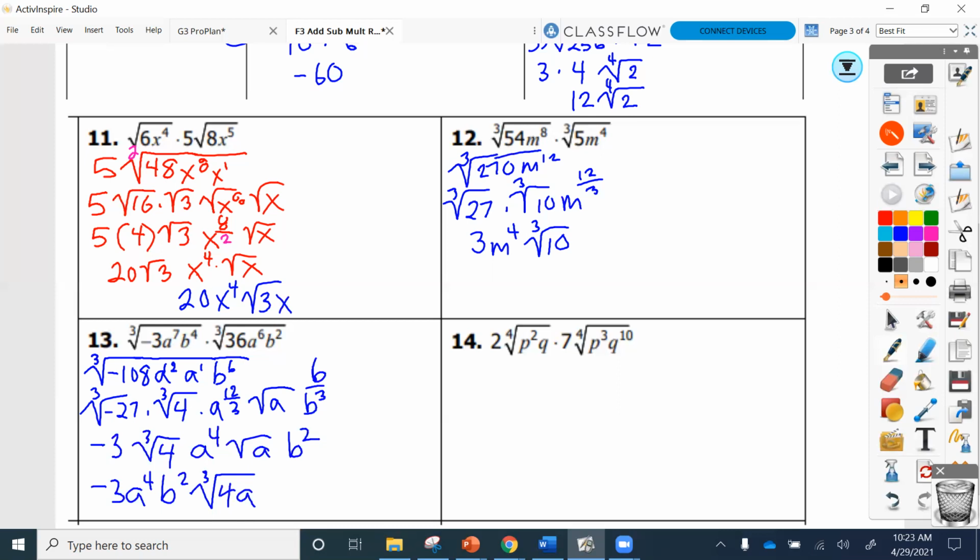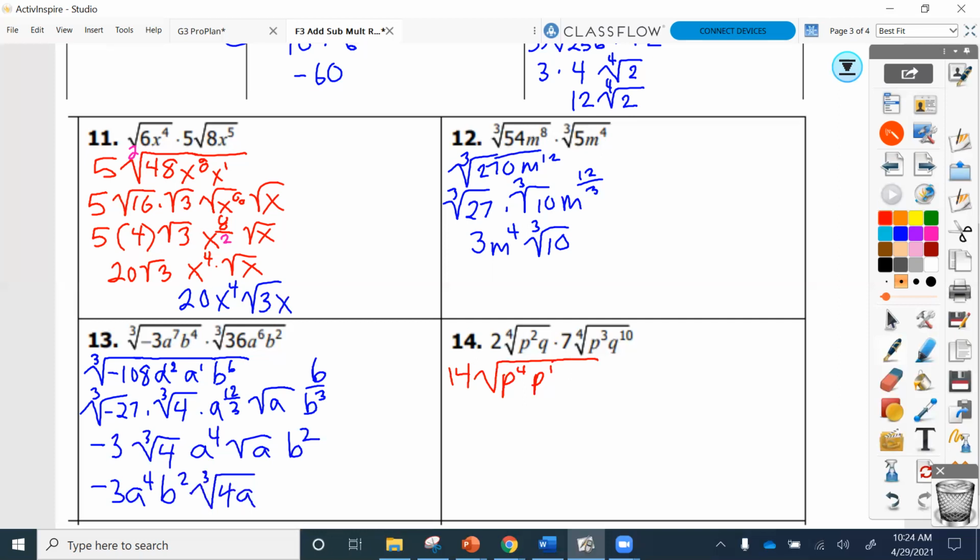All right, and one more. Numbers on the outside, multiply those first. You got 14. And then the 4th root of, let's see, how many p's? We have 5 p's, and we want it to be divisible by 4. So I'm going to break those 5 p's into p to the 4th and p to the 1st.